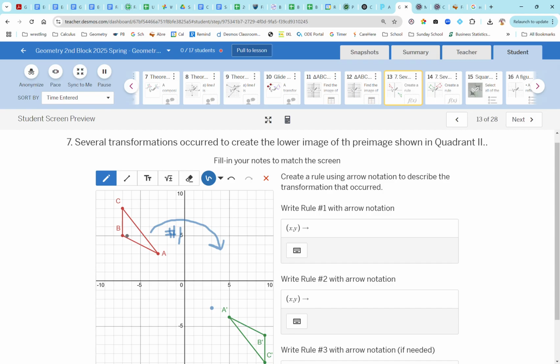So let's see what else we have to do. Let's go ahead and move B and C while we're at it. B is at negative 7, 5. So when we rotate this all the way around 180 degrees, the negative 7, 5 becomes 7, negative 5.